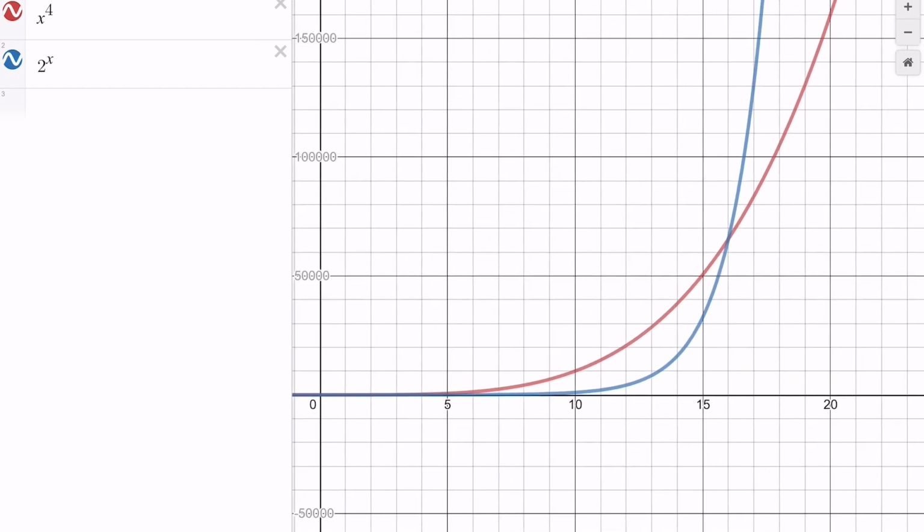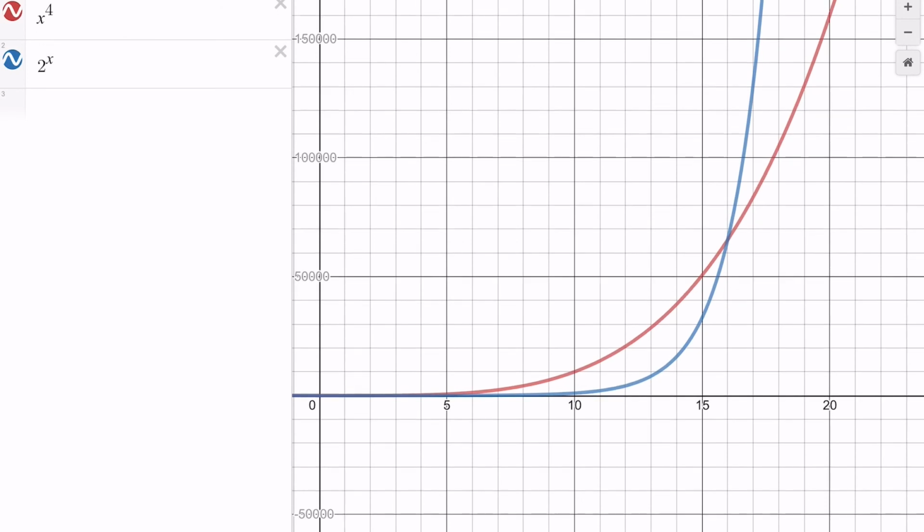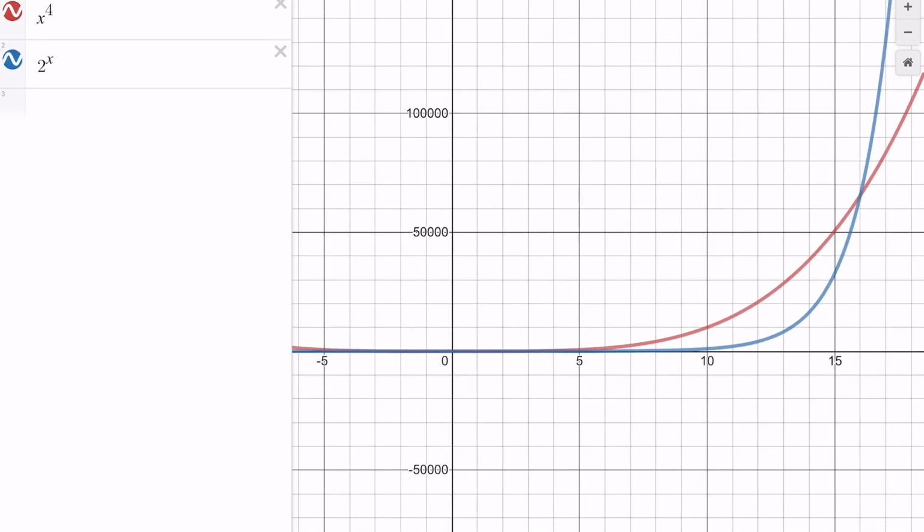Finally. Right here at about 16, 16 is where it all changes. 16 to the fourth power and 2 to the 16th power are equivalent at 65,536. And what happens? The blue one takes over.